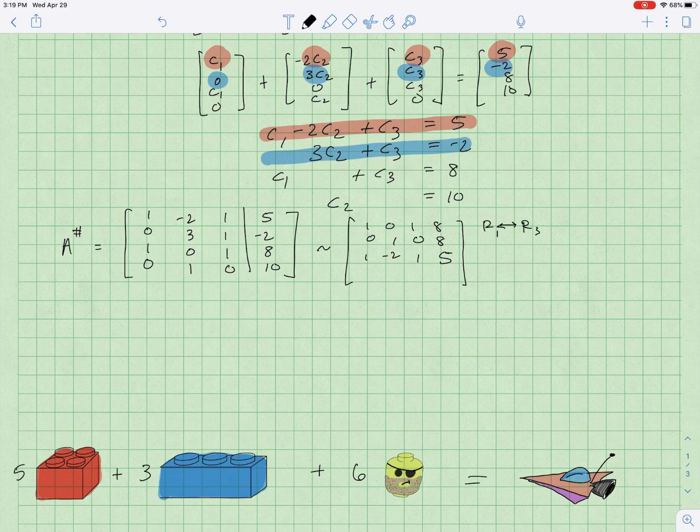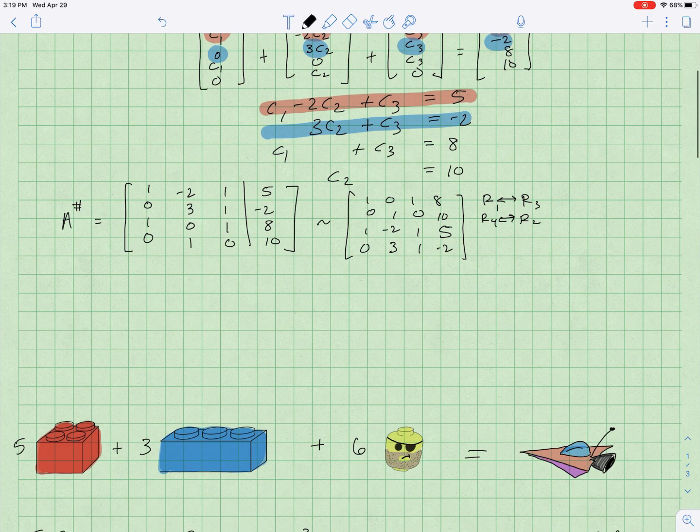I want to make row 4 my new row 2, and that has a 10 in the last position. And that makes this 0, 3, 1, -2. So row 4 and row 2 are switched. That is row equivalent to (1, 0, 1, 8), (0, 1, 0, 10), and then row 1 minus row 3 is my new row 3.